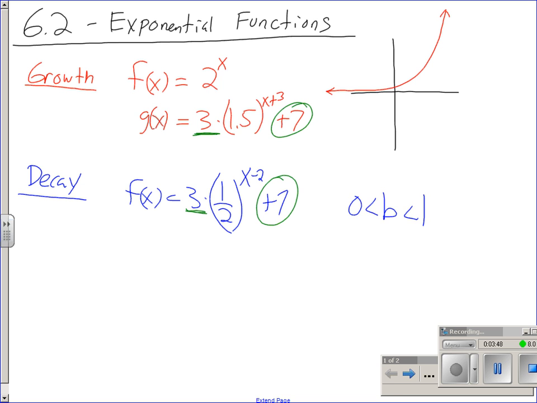For the exponential decay, the graph of that is basically just the reflection over the y-axis. This is a standard looking version of an exponential decay graph.